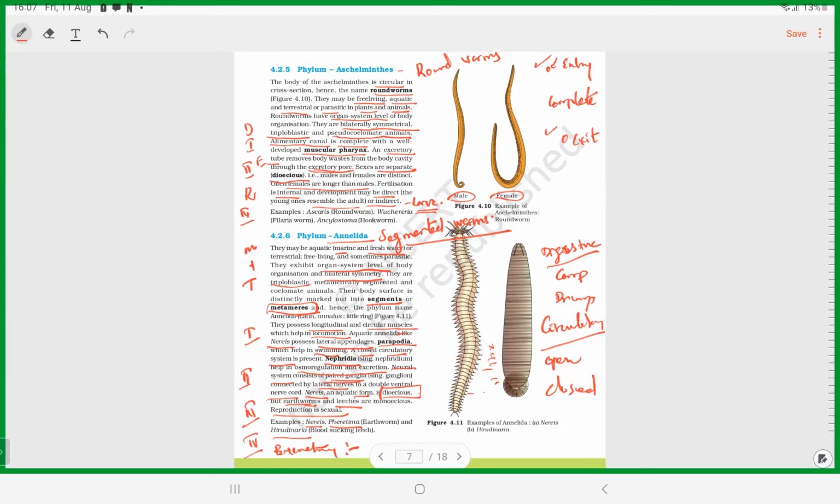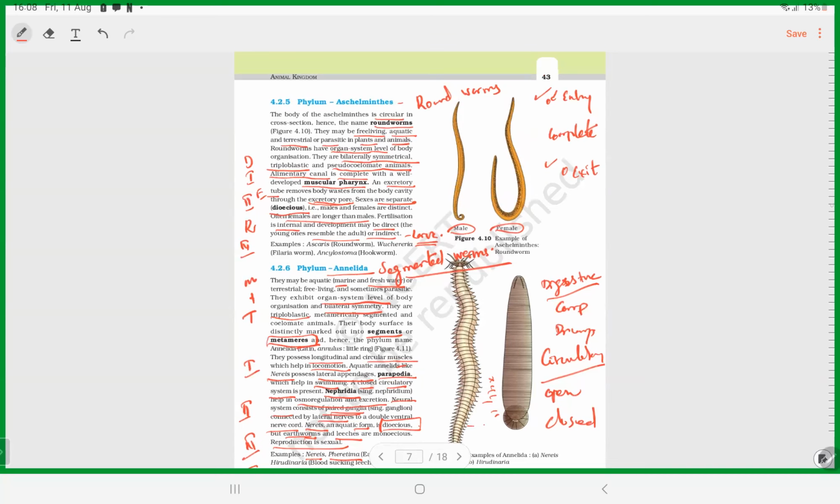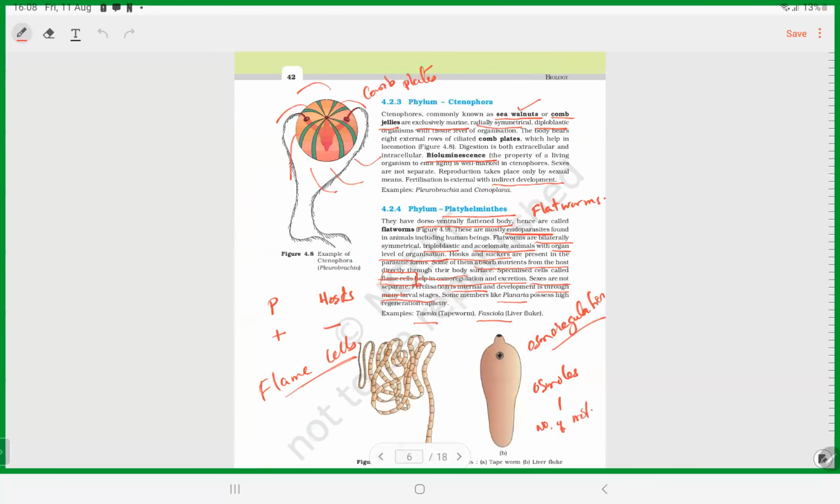Yes, a little louder. Ctenophora, sir. Okay, very good. The phylum Ctenophora, they only show that bioluminescence property.